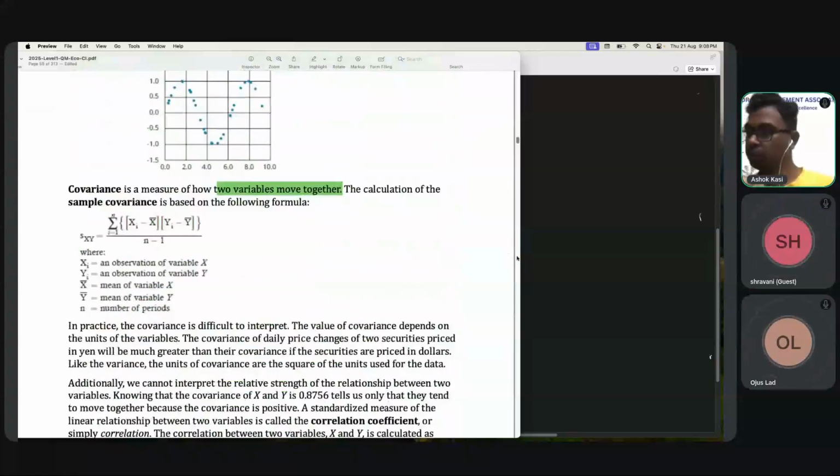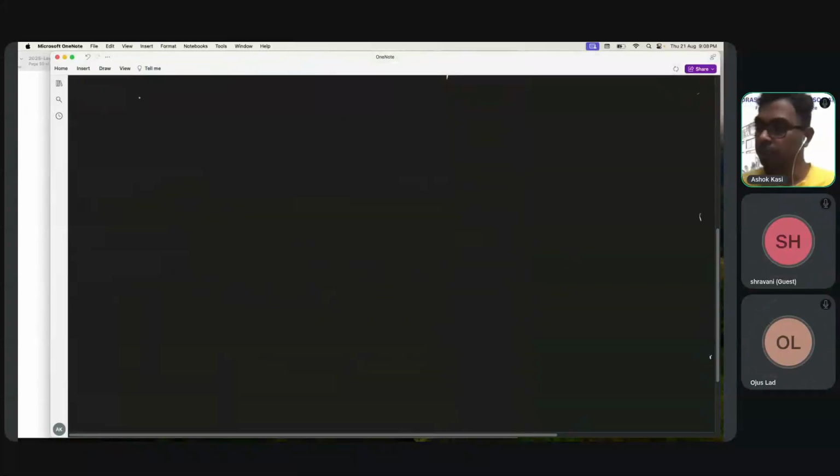Okay, so we'll take some numbers. See, x and y. When x is 8, y is 12. When x is 9, y is 9. When x is 11, y is 8.